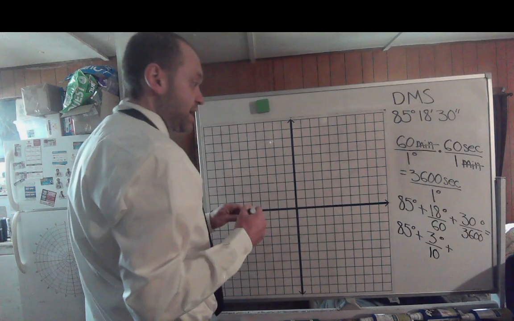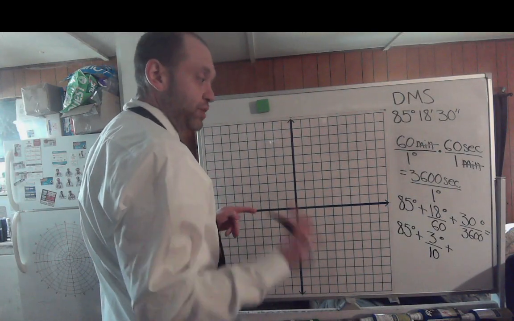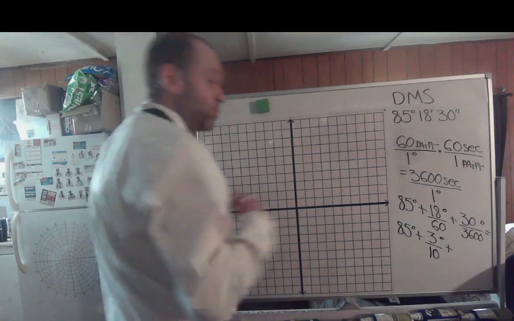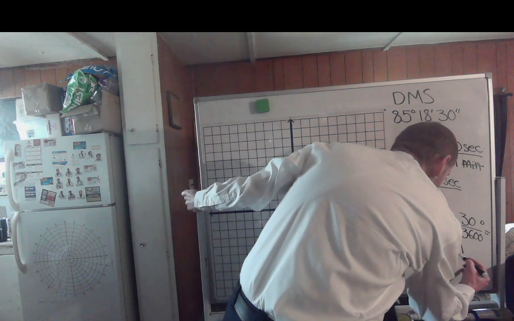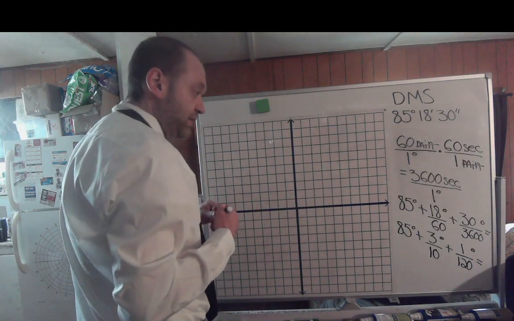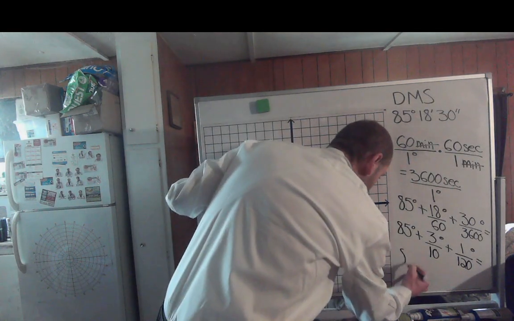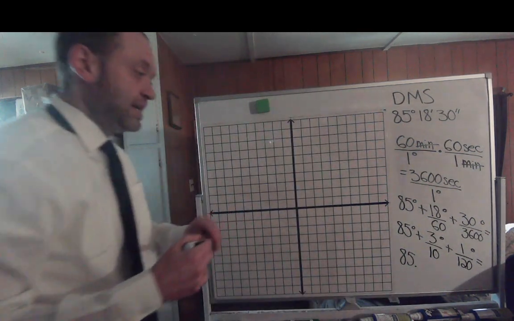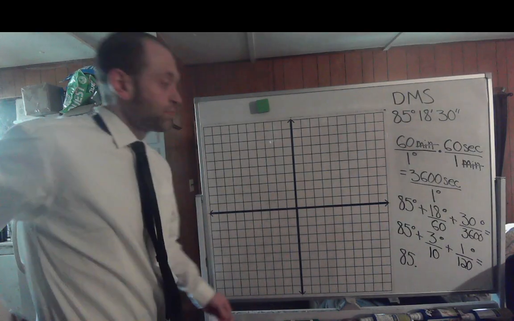Plus, all right, so 30 over 3,600 would break down into 3 over 360, which would be 1 over 120 degrees. So now you can simply add all these together and get a decimal approximation. And we're going to round the result to 3 decimal places.